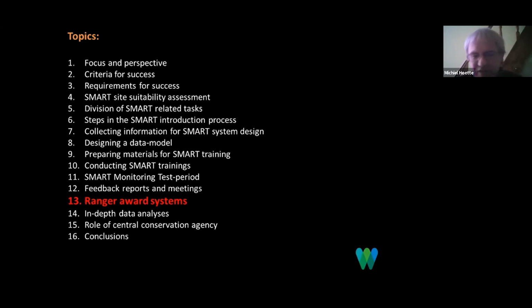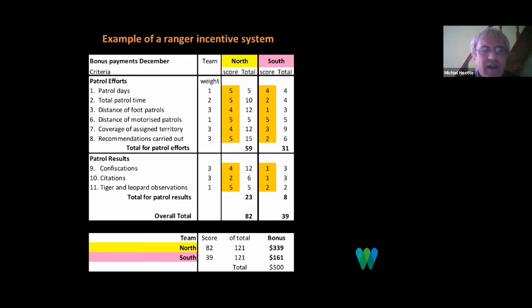In Russia, at many sites, WCS operates a Ranger Awards system. I would like to briefly discuss that with you and show an example. There are basically two options.